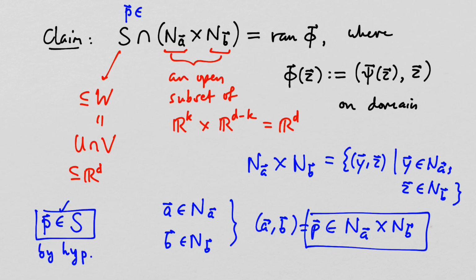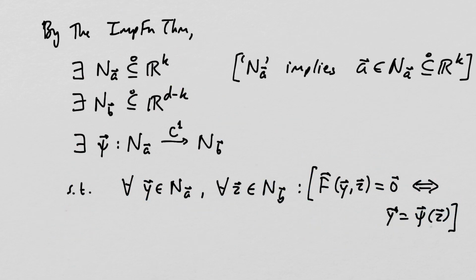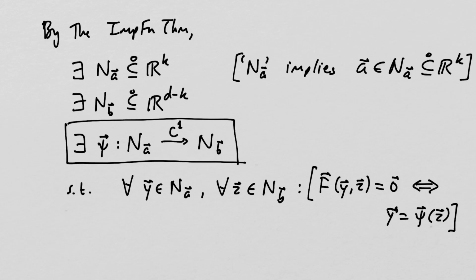Let me be a little more detailed about that. Its domain is n sub b, which remember is an open neighborhood of d minus k space. So I'm just defining this function phi of z. You just take that implicit function, psi of z, which we got in the last step, that exists. We know that that's a C1 function. And we're just going to take that function, take its value at z.